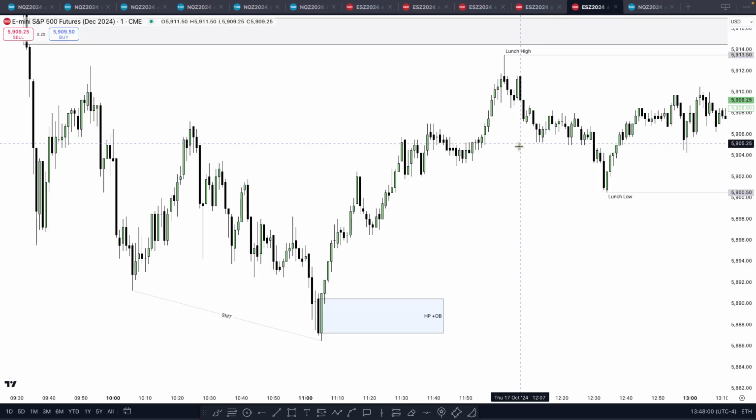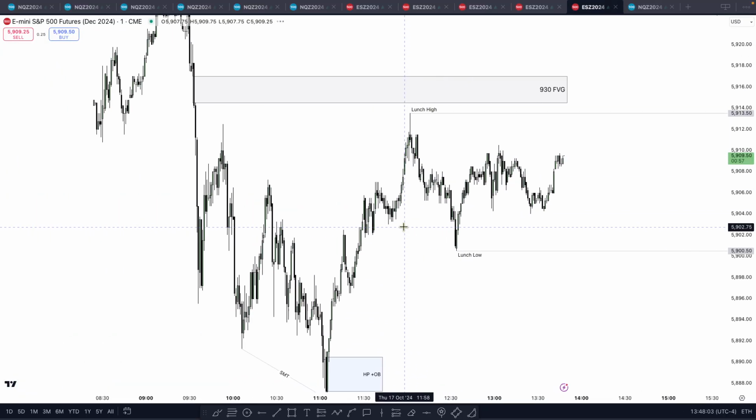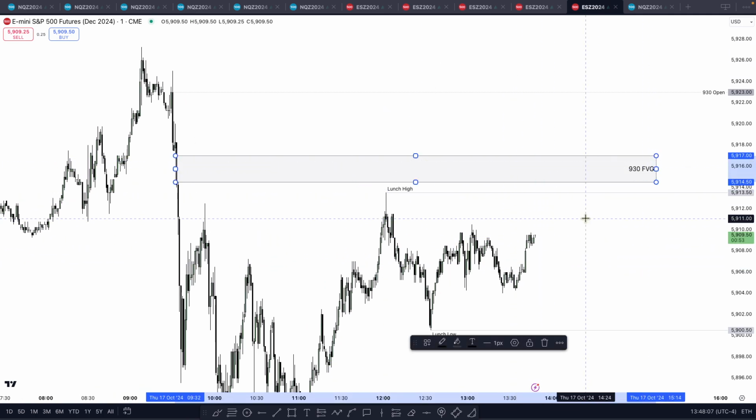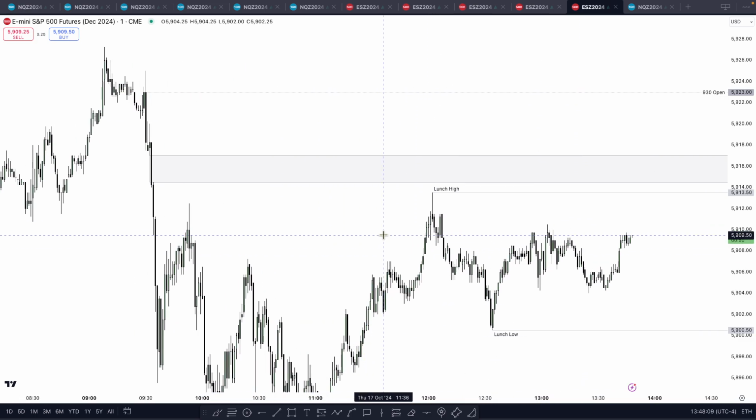148. So let's get ready for, all right, and also zooming out, S&P does not have delivery to its 9:30 fair value gap yet.